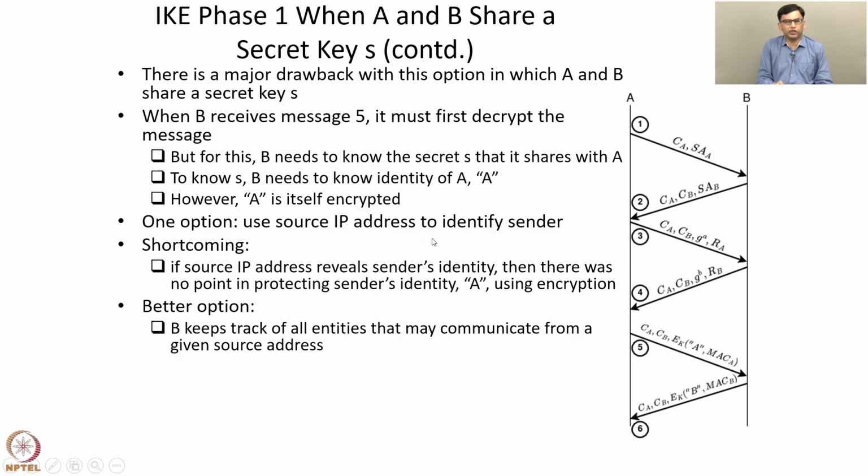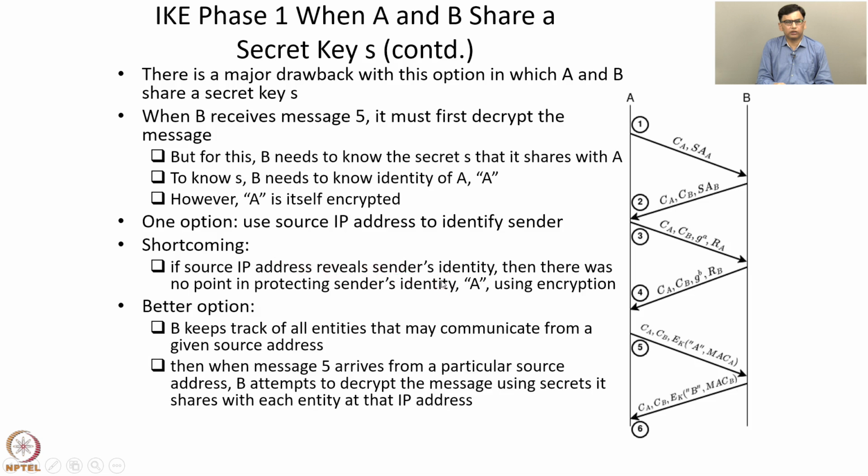A better option is that B keeps track of all the entities that may communicate from a given source IP address. From the point of view of B, there may be multiple entities which communicate from the same source IP address, and B keeps track of all of them. Then when message 5 arrives from a particular source IP address, B attempts to decrypt the message using the secrets that it shares with each of the entities at that IP address.